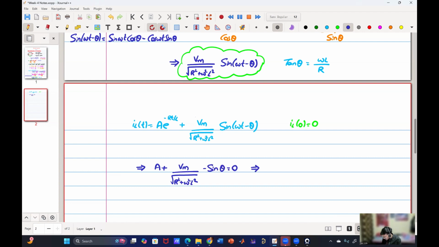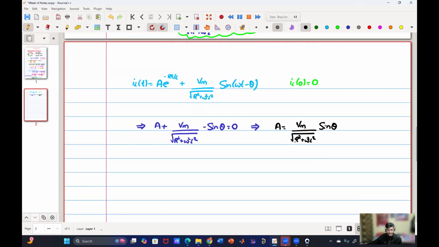So now if I calculate it, I will get A equal to Vm by square root of R square plus omega square L square sine theta. Is this clear until this point? I have just substituted t equals 0 and calculated A.